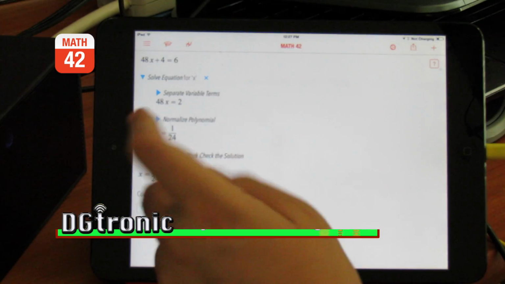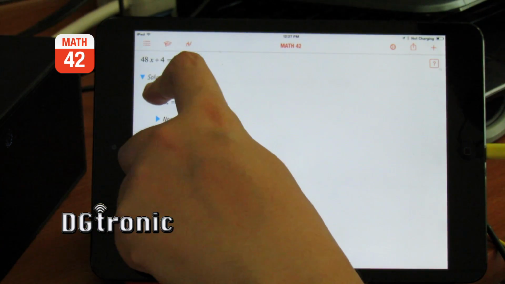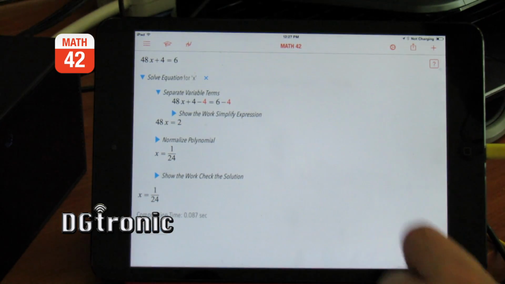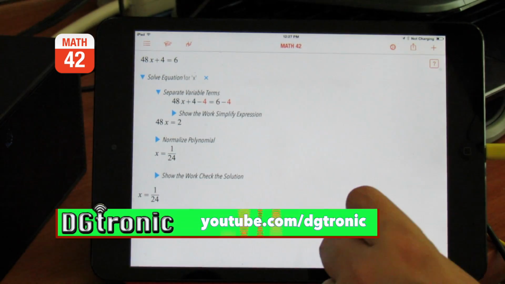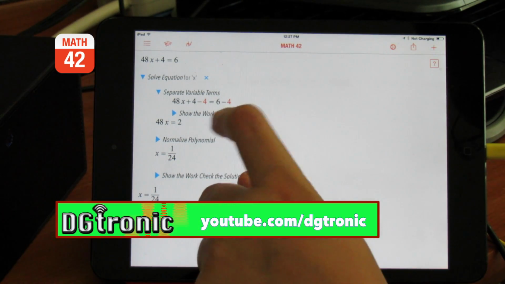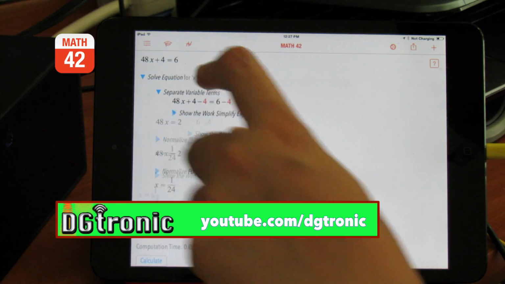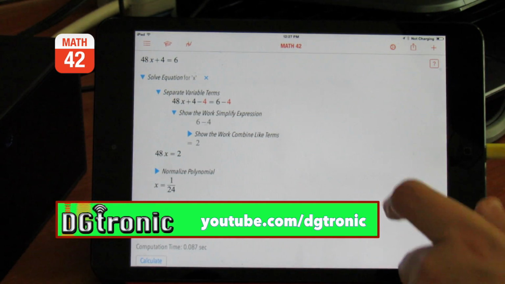So let's see, separate the variable terms. If you hit on that arrowhead, it shows you how it did that. Solve the work, simplify expression. You hit that down.